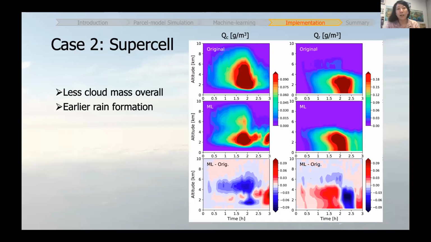So that's why in the machine learned case, the second row, there is earlier onset of precipitation, because this turbulence effect is included. So there's likely enhanced collision coalescence compared to the original bulk parameterization that is probably based on just observations and deduces the rate from concentrations or lab experiments where there was not much turbulence.